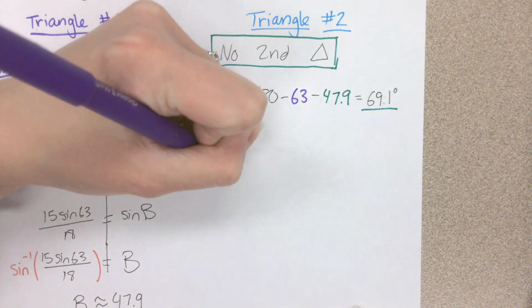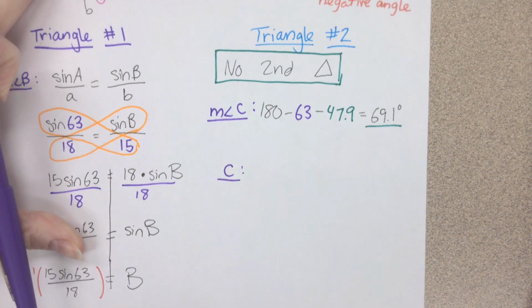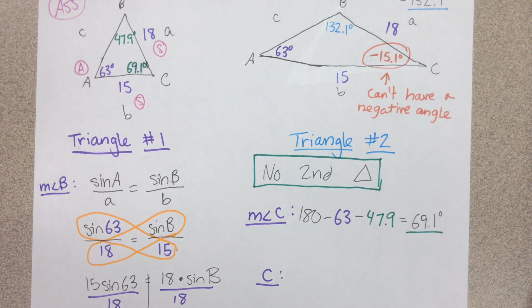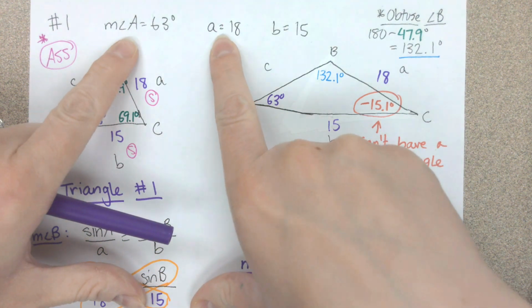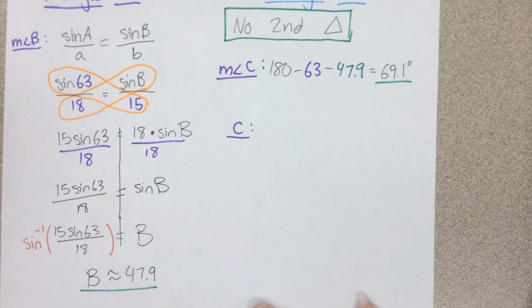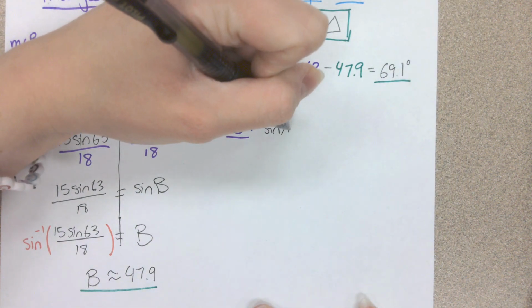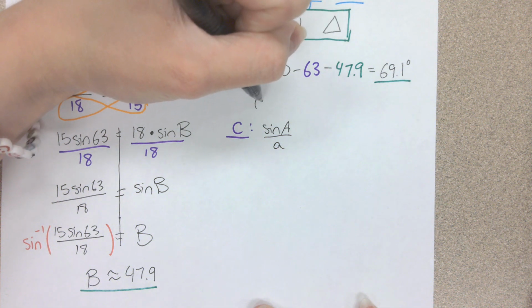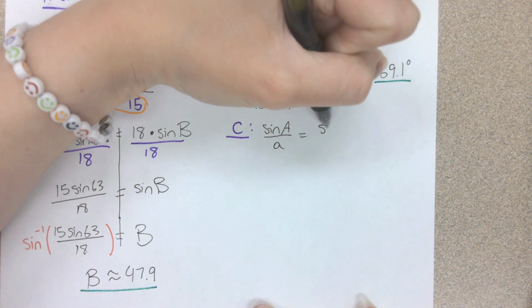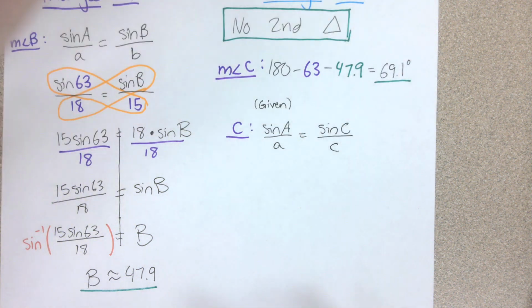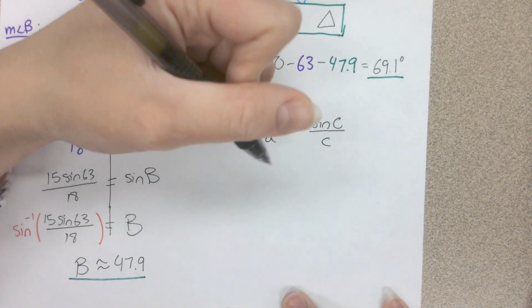Side C. We are able to use law of sines to find that, and per usual, I'm going to use the givens to find that. That's what I always use. We were given the A's, so I'm going to set up sine of A over a, and again, I'm using this because it was given, equals sine of C over c, and I'm using C because that's what I'm looking for.